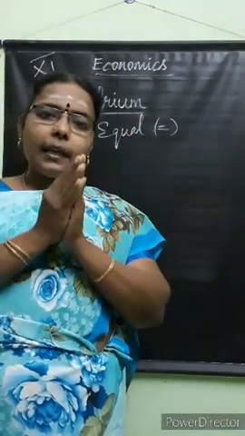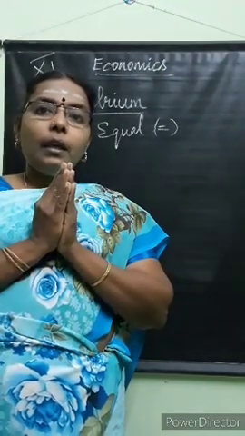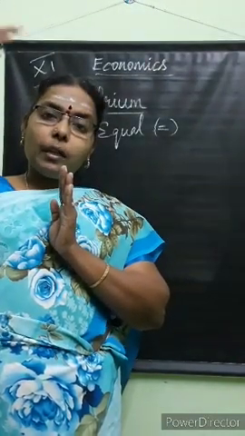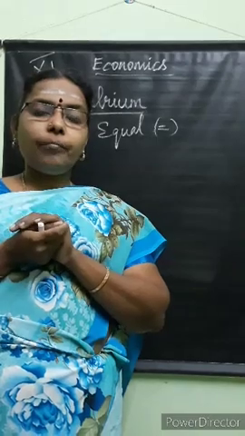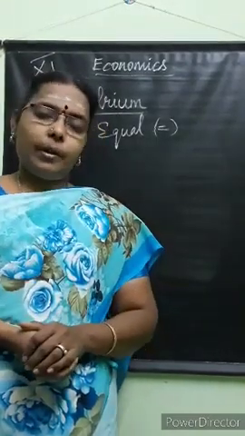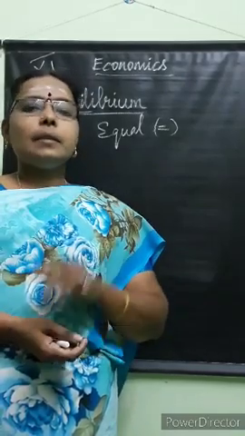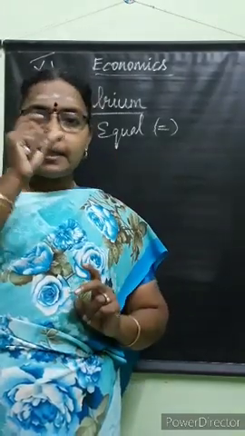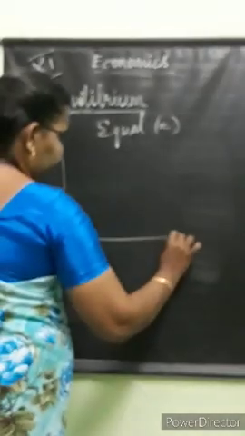Only then will he get equilibrium. If he gets more, that is also disequilibrium. If he gets less than his expense, also disequilibrium. So equilibrium is a point where two things meet at the same point or level.